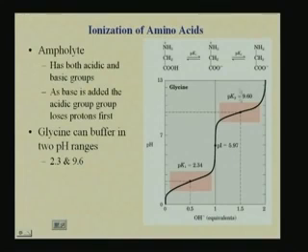Now, I keep on going with the titration. Then when I come to this point, what do I have? I have equal amounts of this form, which is now my A minus, and my HA, which is this, right?